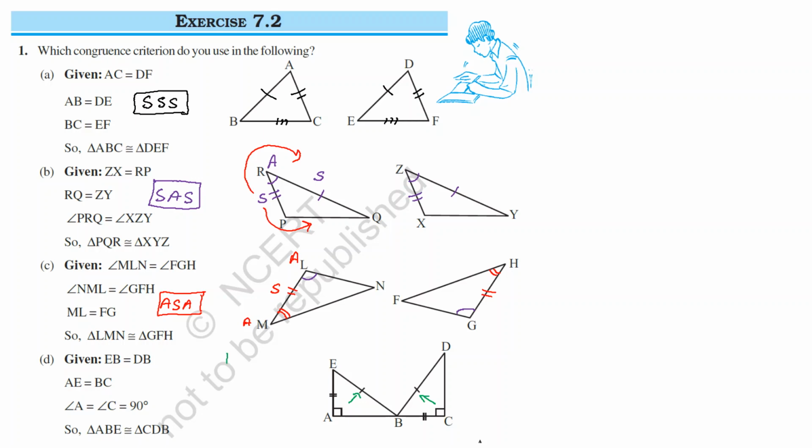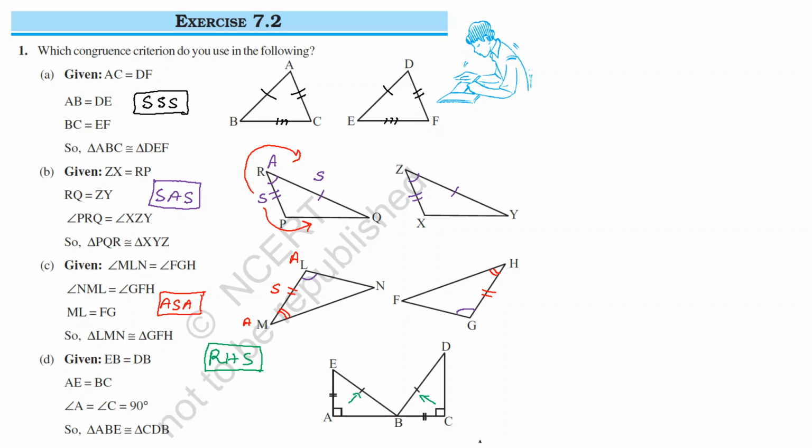So we got H. Then AE is equal to BC. One side is equal, so we have got S. And then it is written angle A is equal to angle C is equal to 90 degrees. So we have got one right angle also. So we can use the RHS congruence criteria to prove that these two triangles are congruent.